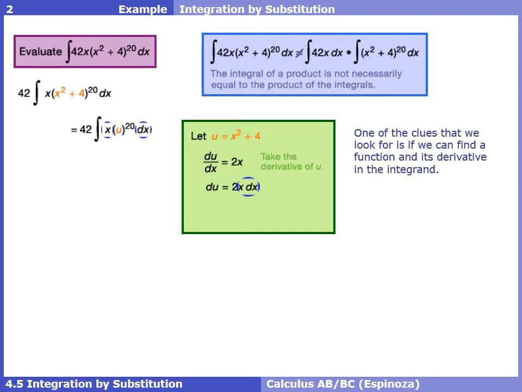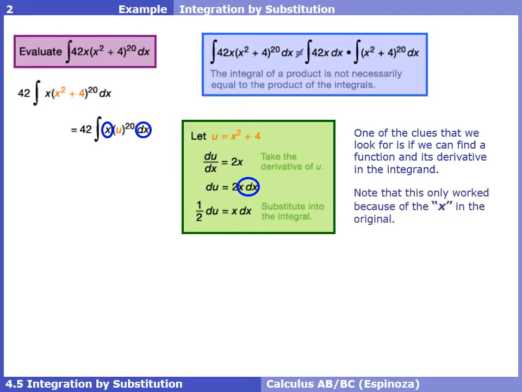So what we can do is take that 2 and divide it to the other side. And then you'll notice we have an x and a dx, and all of that can be swapped out or substituted to become 1/2 du. And again, make note that this only worked because we had an x in this problem. If we didn't have this x right here in the problem, this wouldn't have worked.